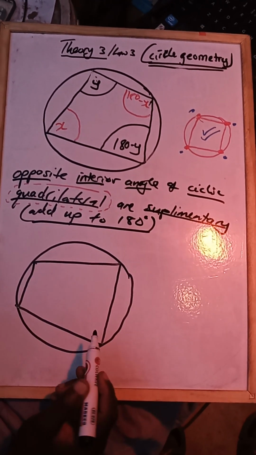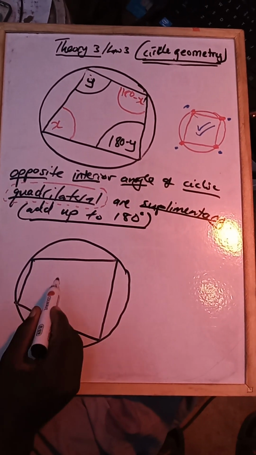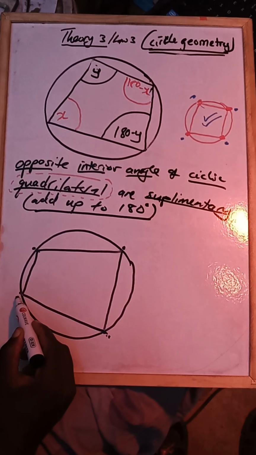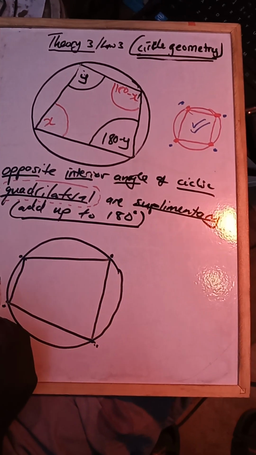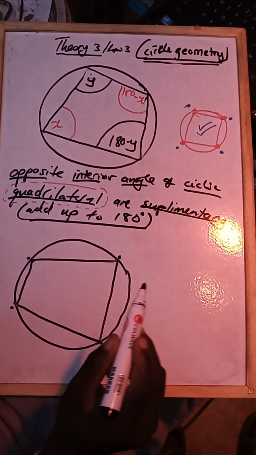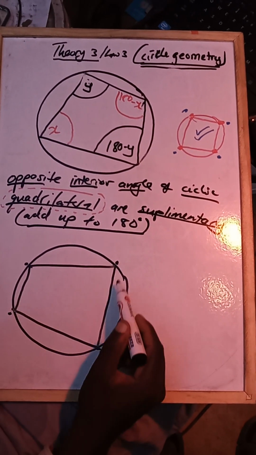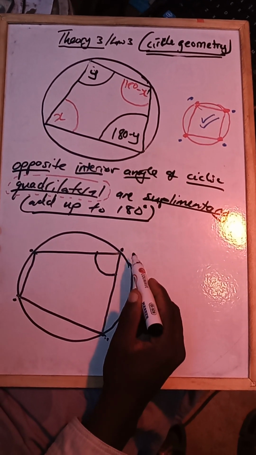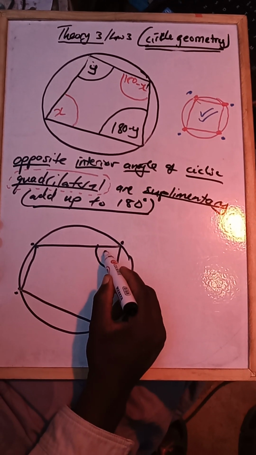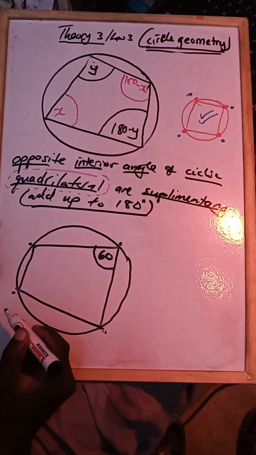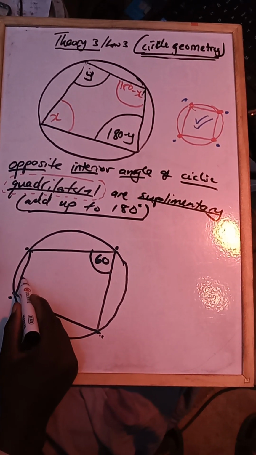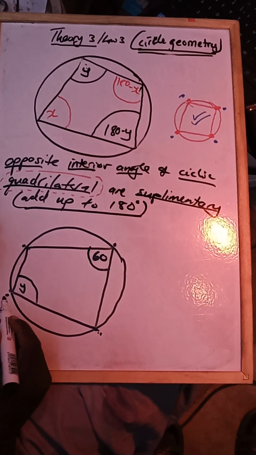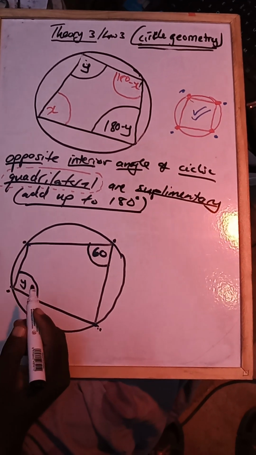The shape doesn't matter, but what matters is all the corners must touch the circumference, right? Let's say this angle is 60 degrees, and we are asked to find y. How do we find y?